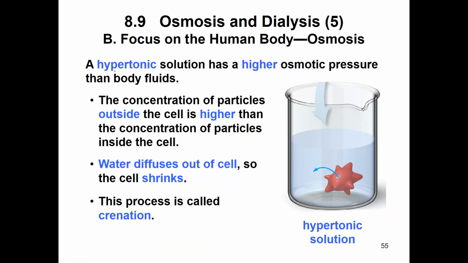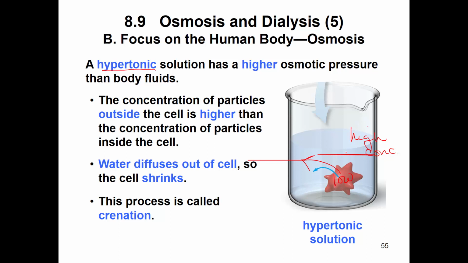If you have a hypertonic solution, that means you have a high concentration outside the cell and a low concentration of sodium chloride or glucose inside the cell. Then water is going to go to the area of higher concentration.